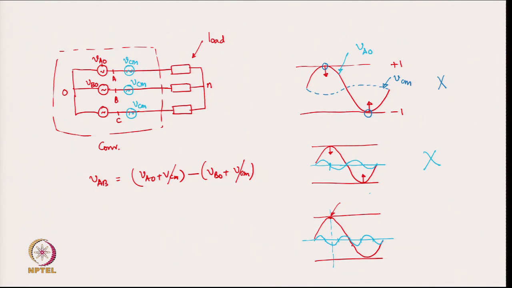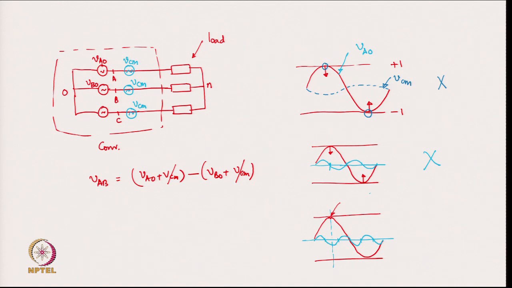So, if you add the VCM to the 3 phases, all 3 phases, because it is a third harmonic, it is symmetrical about the 120 degree. So, all 3 phases, their peaks will go down at theta equal to 90 degrees, A phase, B phase and C phase.